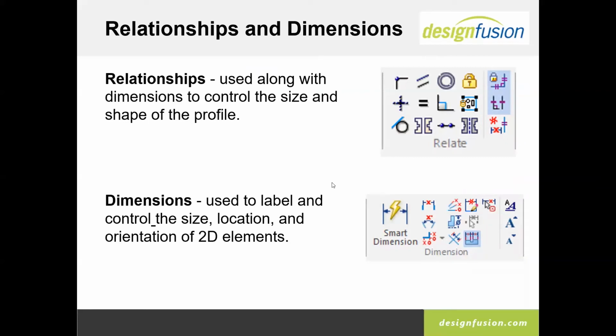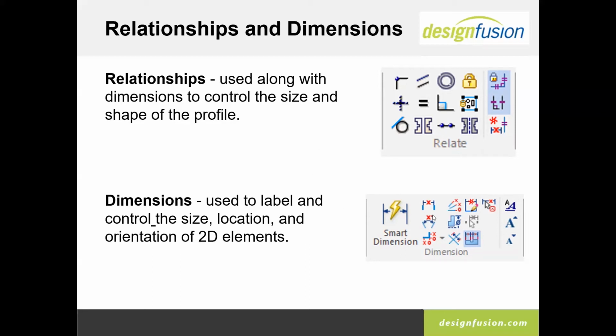Now, as I was saying, we tend to sketch a shape. So inside of Solid Edge, the IntelliSketch will start to place these relationships for you. But this is the group on the ribbon bar that allows me to go in and select the different relationships and apply them to my sketch if I haven't done so with IntelliSketch.